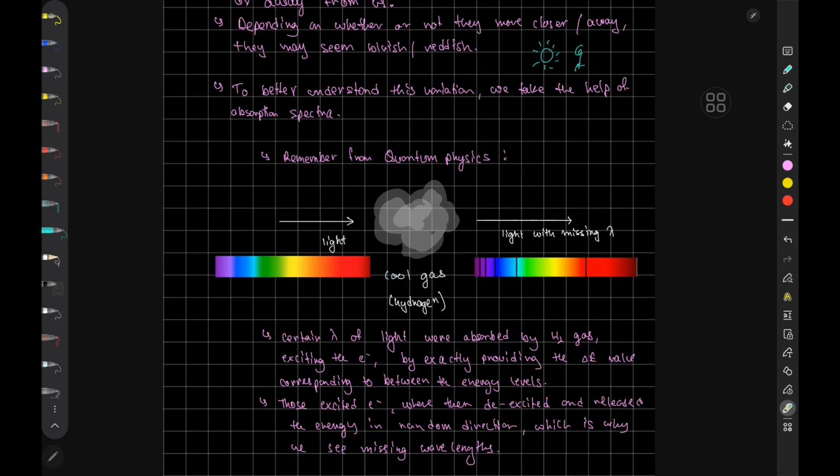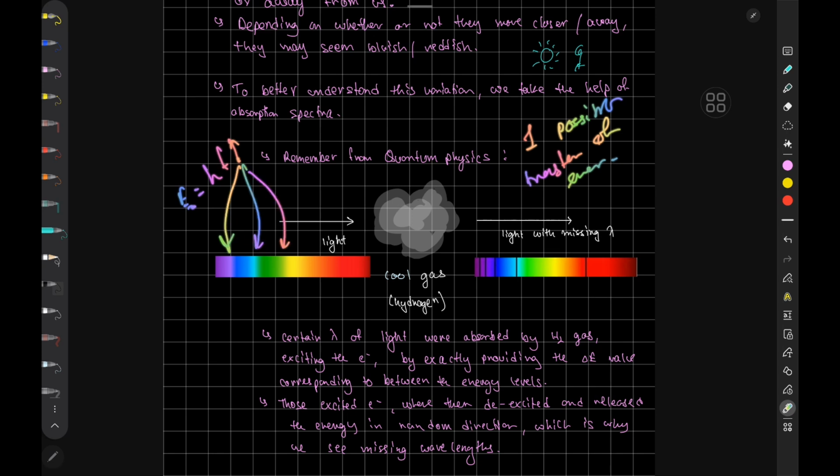But what I want to tell you is, between each of these energy level changes, there's only one possible transfer of energy. So if the energy transfer is quantized or discrete, then the frequency of light needed for those transfers will also be discrete or specific.